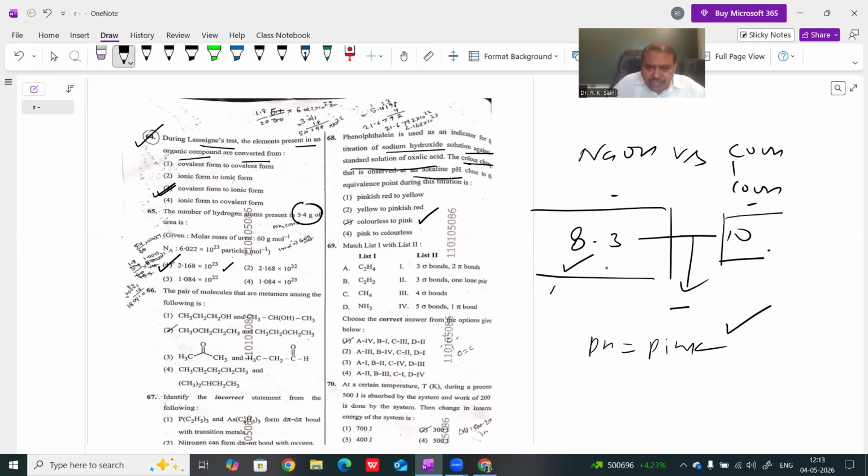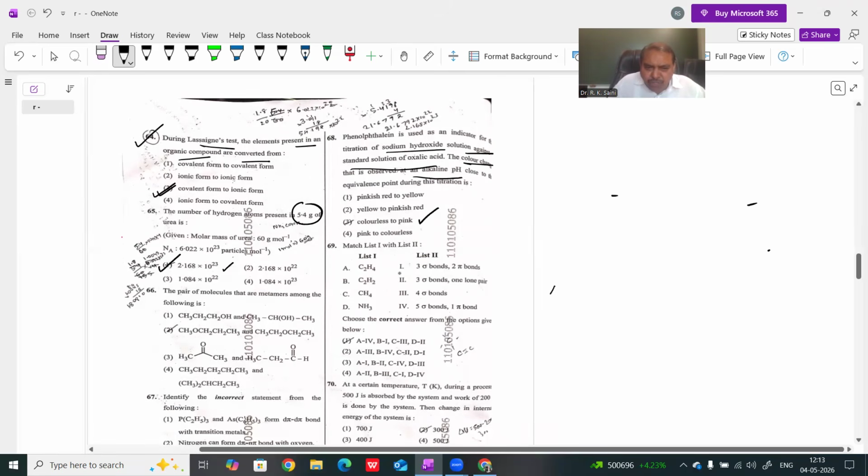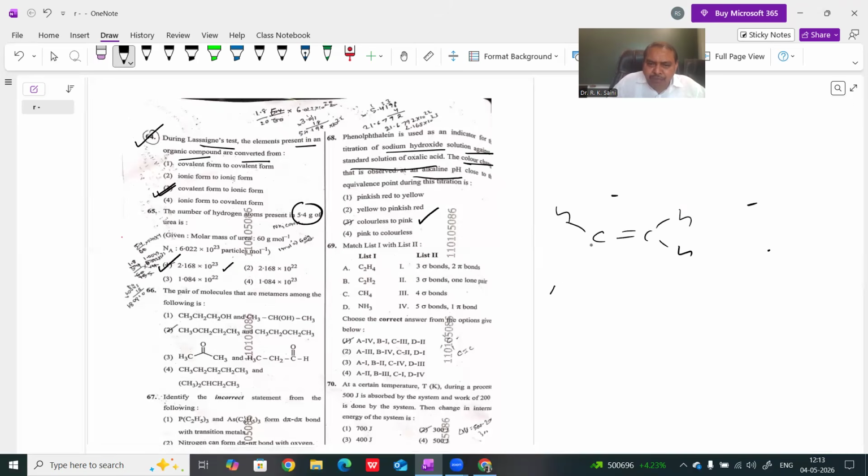Next question, a very easy question, and this question is general chemistry. Calculate the number of sigma and pi bonds etc. First compound: 5 sigma 1 pi, and second is acetylene: 2 pi 3 sigma, etc. Methane: all 4 bonds are sigma.